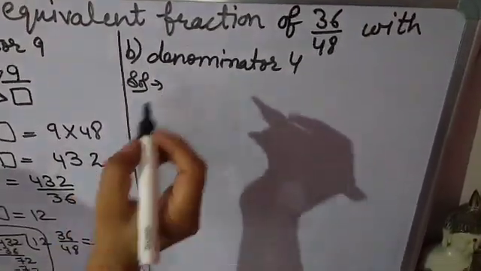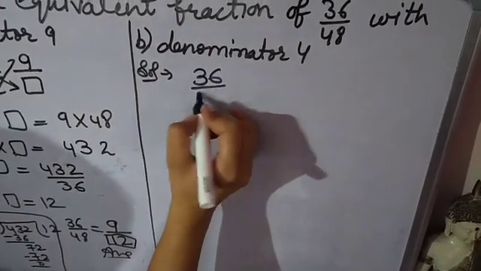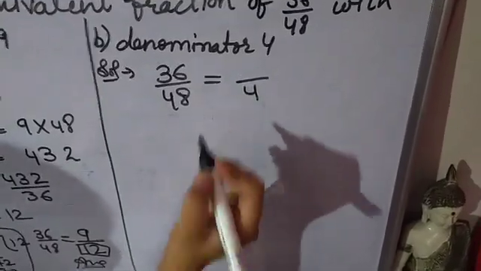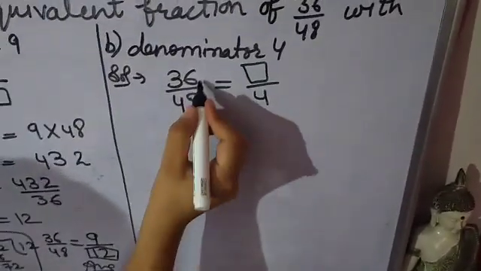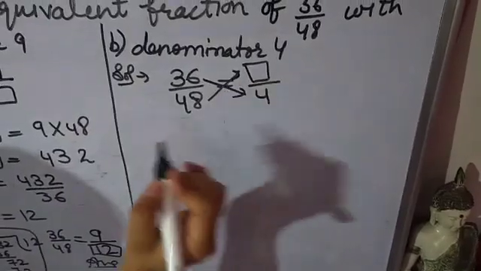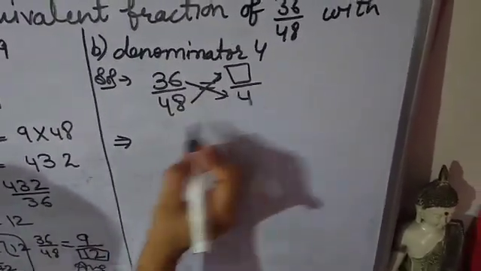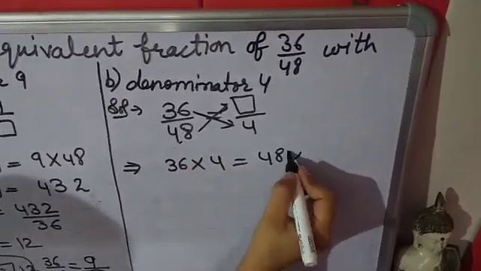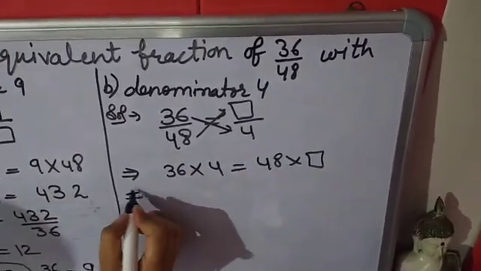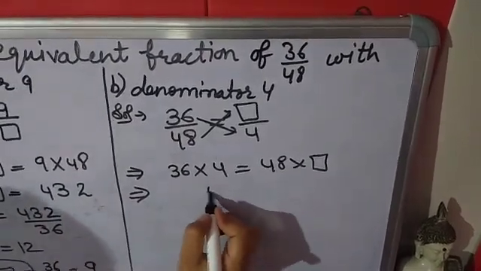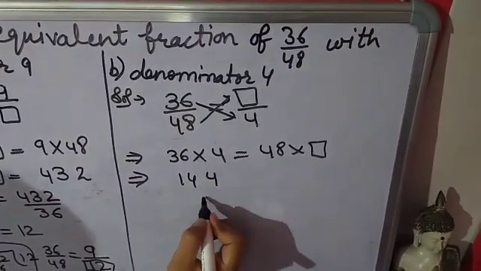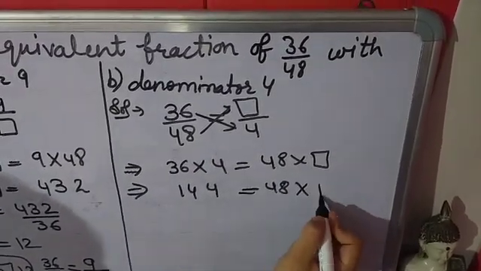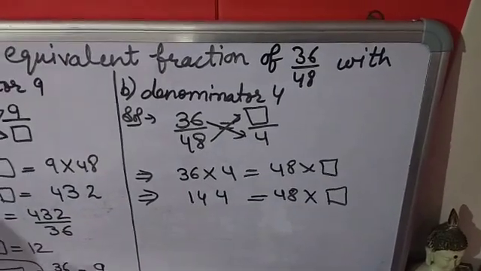Now next, again the same fraction we will use here, but in the equivalent fraction there is 4 in the denominator. You have to find the value of the numerator. Same process we will use here, cross multiplication. 36 multiplied by 4 is equal to 48 multiplied by box. 36 multiplied by 4 will be 144, and 48 multiplied by box.